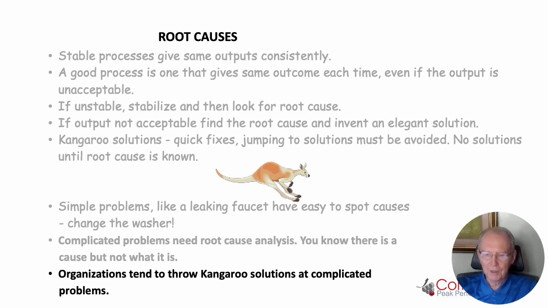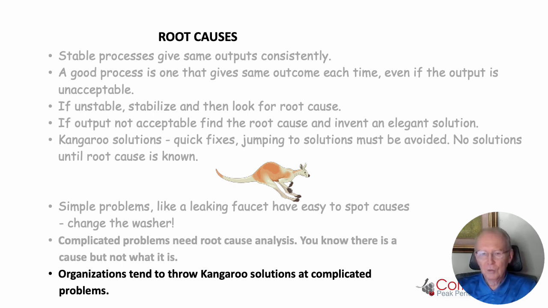There was a case where I worked in the Bank of Montreal in Canada, and at one time we were looking at improving the process for approving small business loans. And one of the things we discovered was a 75-year-old policy that was still in place, that had no place to be there. And one could only imagine that at some time it was a kangaroo solution to some problem that the bank had 75 years previously. That was before computers and all those things were in place.